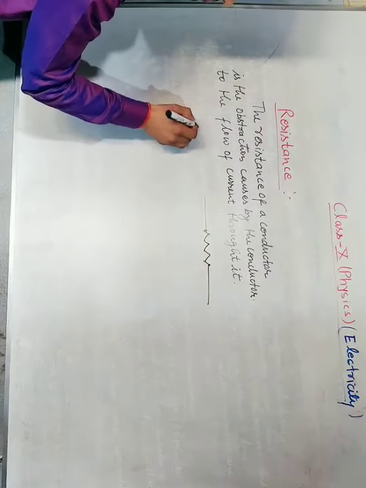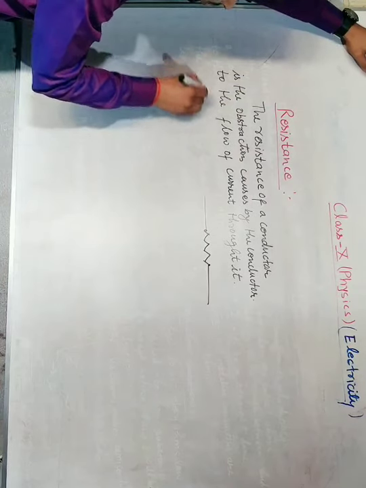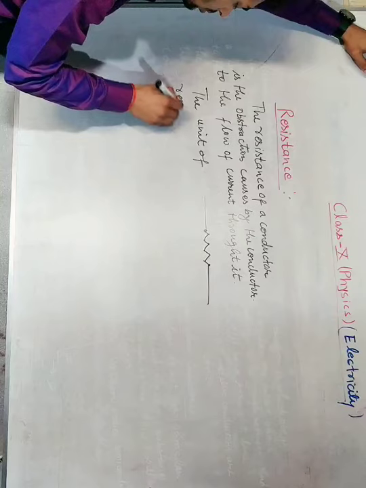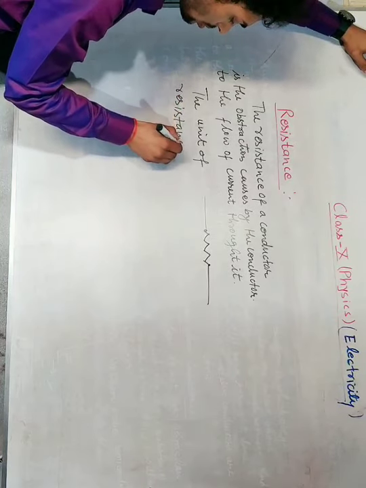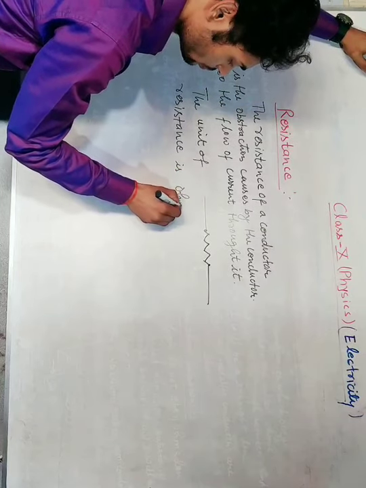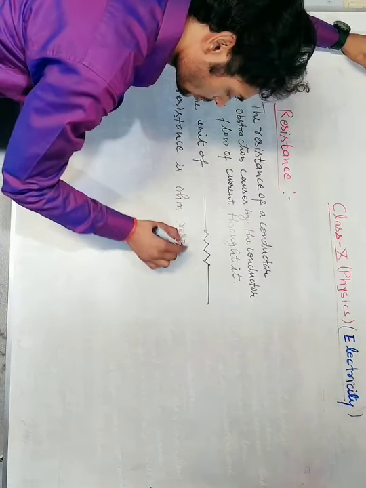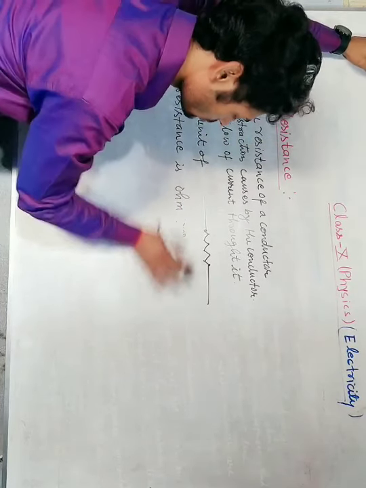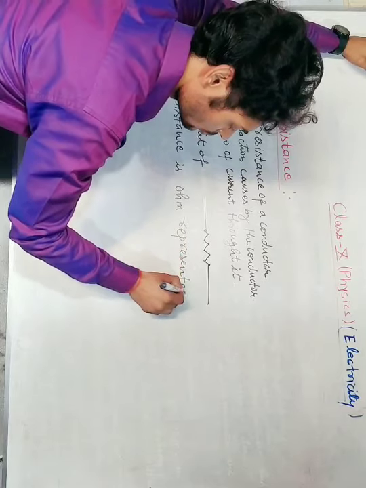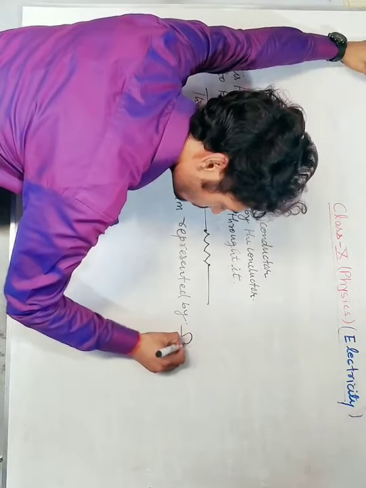According to Ohm's law, the unit of resistance is ohm, represented by omega.